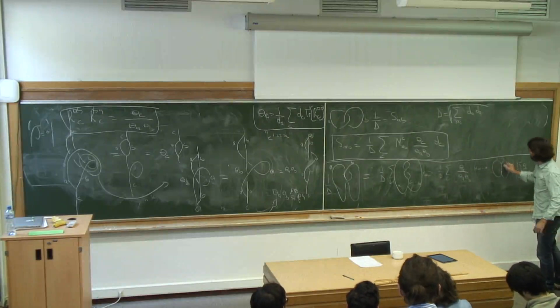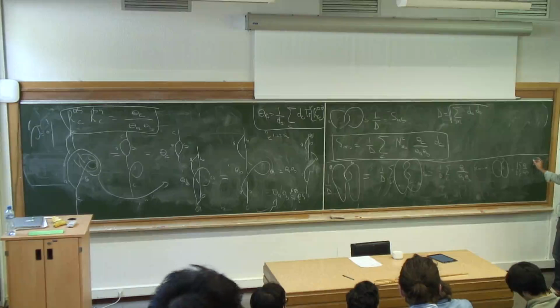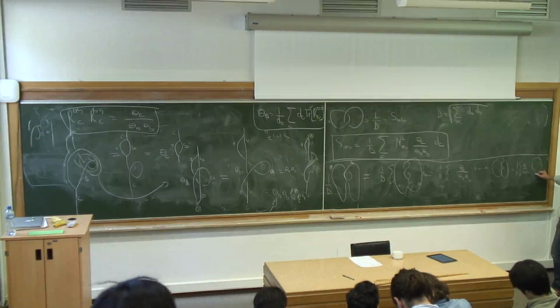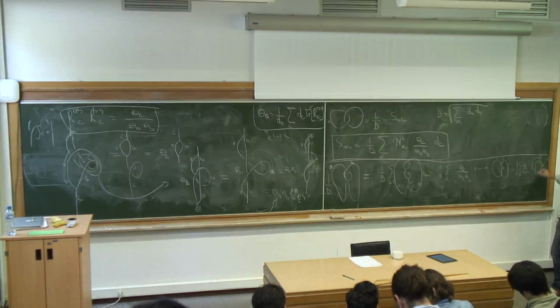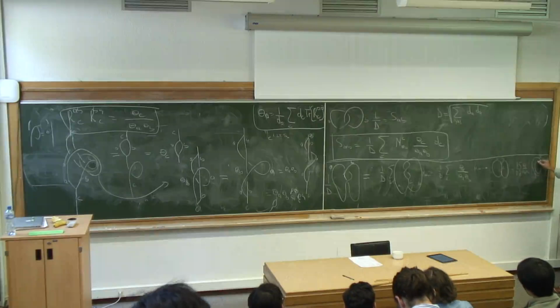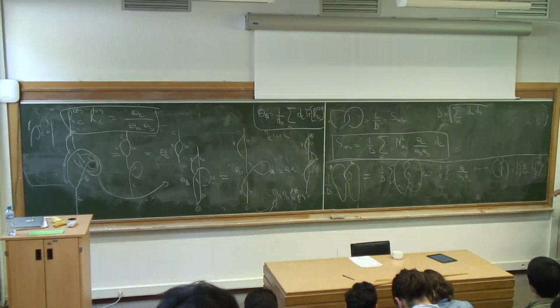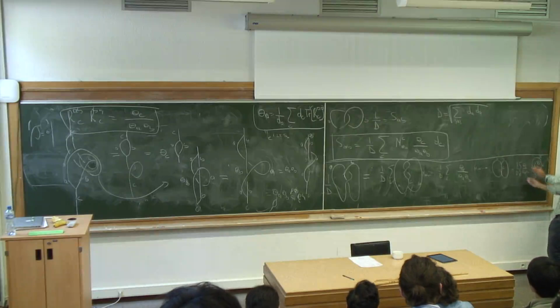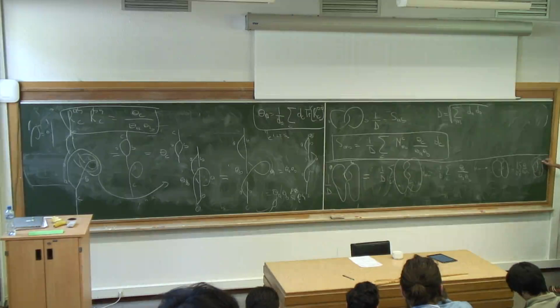This is A, B, C, with C and A, B. I'm just taking this, putting it like this. I'm going to take this around and make it this, times norm. I'm going to take this around and make it this.